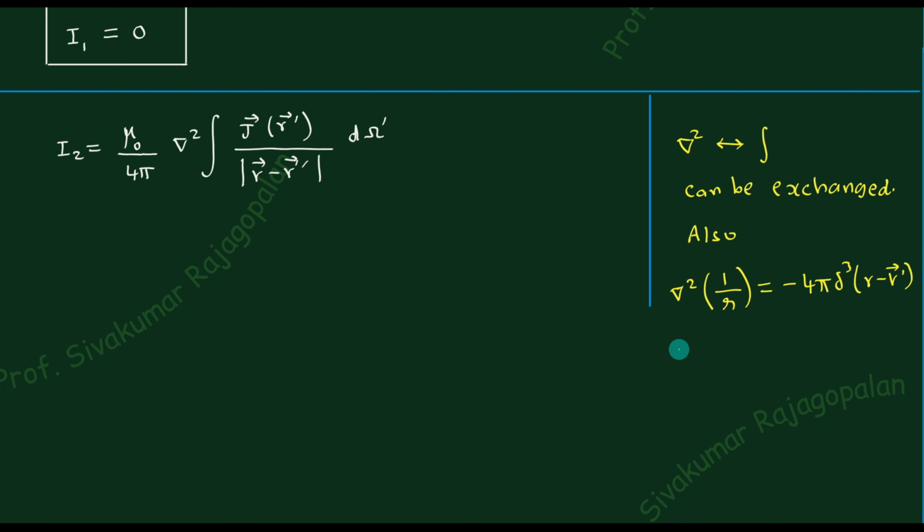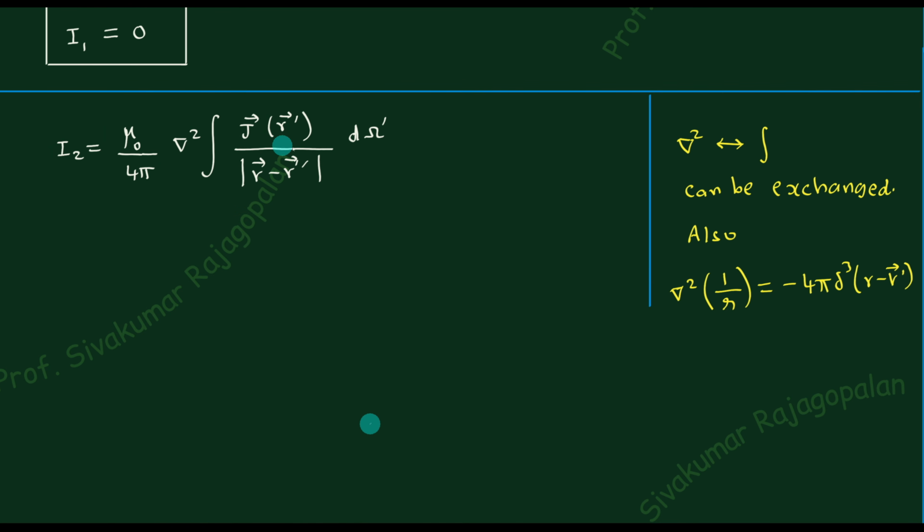Whether you write delta cube or delta, that doesn't matter, it's all the same. The 3 comes here because r is a vector. If you are considering a 3-dimensional vector, the delta will be delta to the power 3. If it is a 2-dimensional vector, then this will be delta to the power 2.